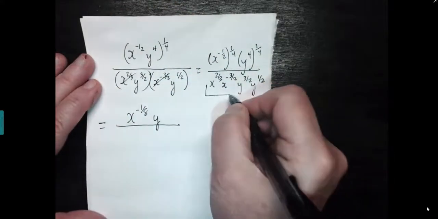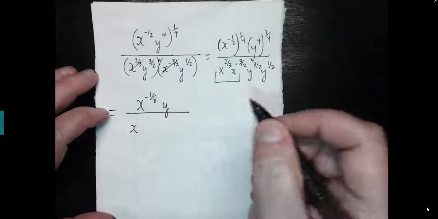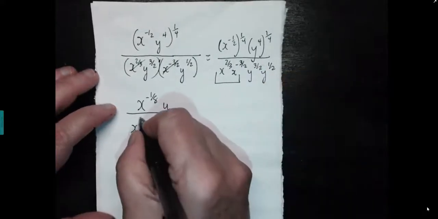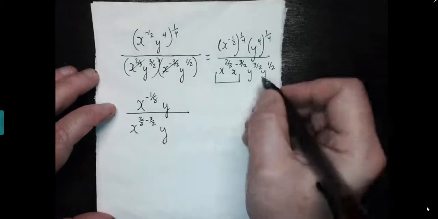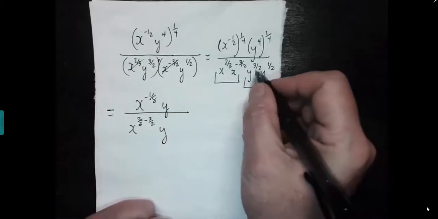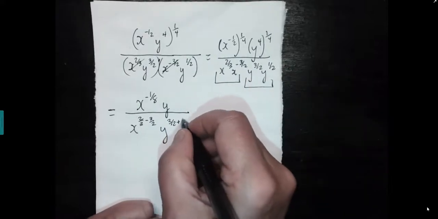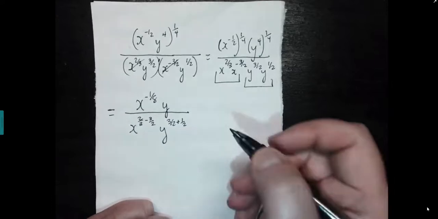I'm going to group those together, and using the exponent rules, it's going to be x to the power of 2/3 plus negative 3/2, or 2/3 minus 3/2. And then this is going to give me y to the power of 3/2 plus 1/2. Now, 3/2 plus 1/2 is 4/2, which is 2.